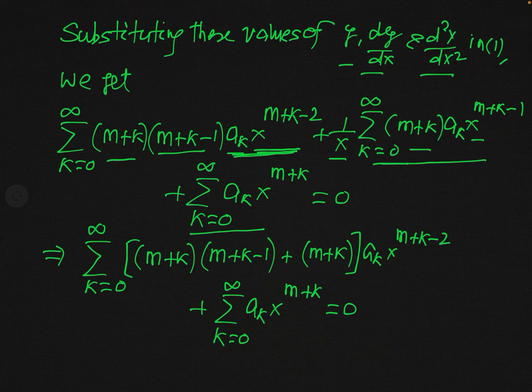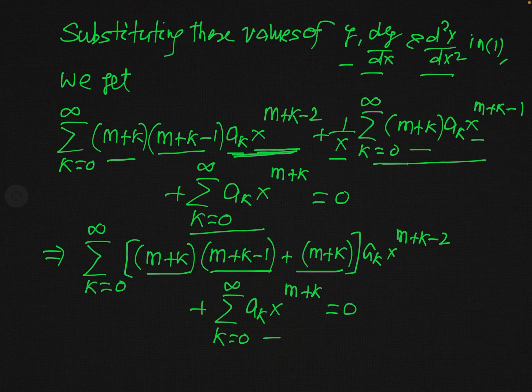This will be summation k from 0 to infinity [(m+k)(m+k-1) + (m+k)] a_k x^(m+k-2), and the last term is as it is, you can see here.